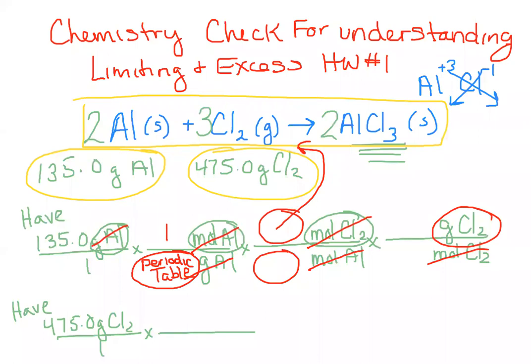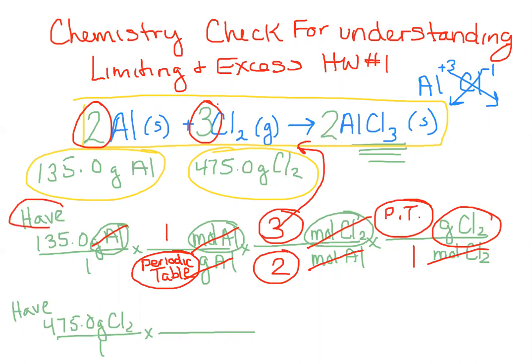I'll do this first one for you. Chlorine has a 3. Aluminum has a 2. That's where those come from. And this last one, when it's grams to moles or moles to grams, the 1 goes with the moles, and this comes from the periodic table. When you find that from the periodic table, this is what you have. You're going to get what you need at the end.